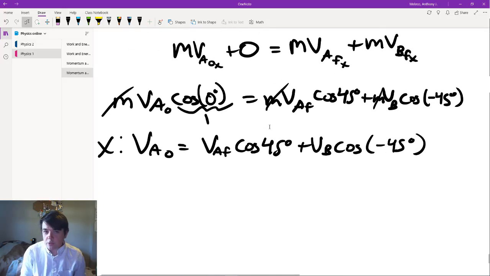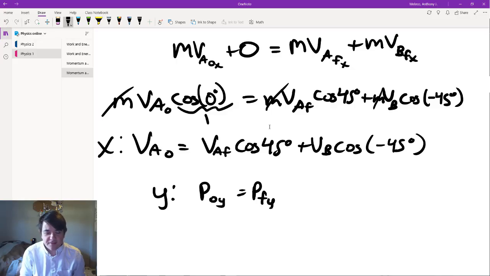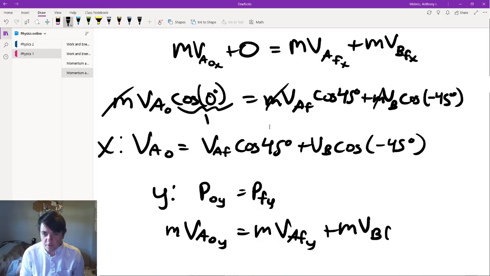Our y equation looks pretty similar. P initial y equals P final y, however you want to say that. So we have MVAO in the y direction, and then here, with our masses, MVA final y plus MVB final y.